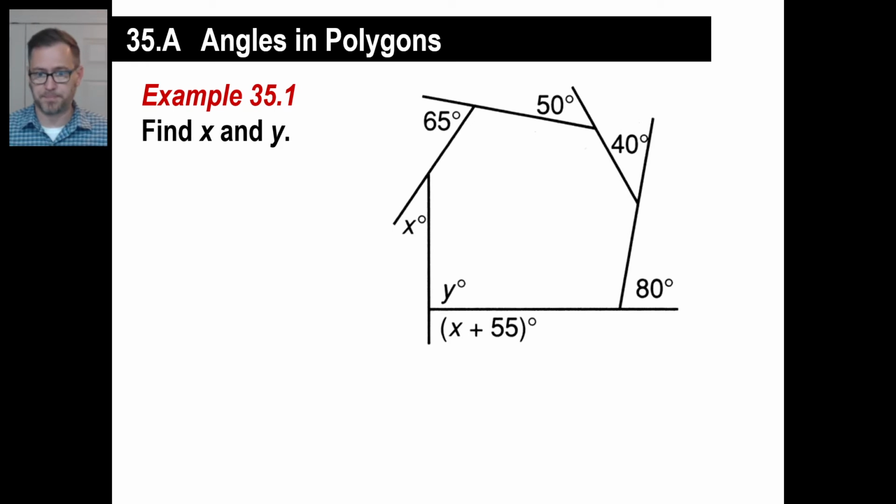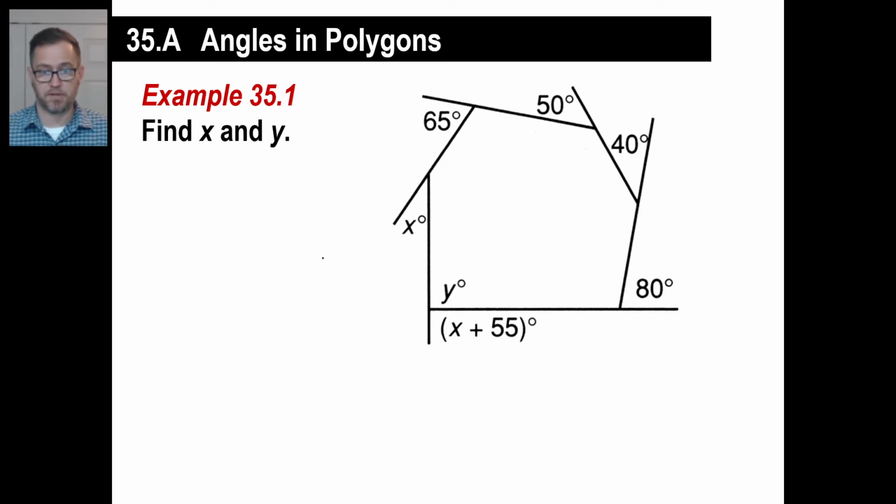Find x and y. Well, this is a 1, 2, 3, 4, 5-sided figure. It's kind of wonky looking, but who cares? Let's say outside first, we know the exterior angles sum will be 360. So we have 65 plus 50 plus 40 plus 80 plus x plus 55 plus x is going to be 360 degrees.